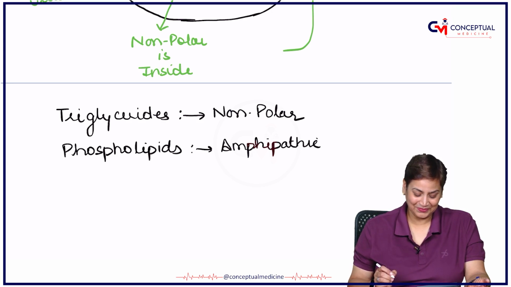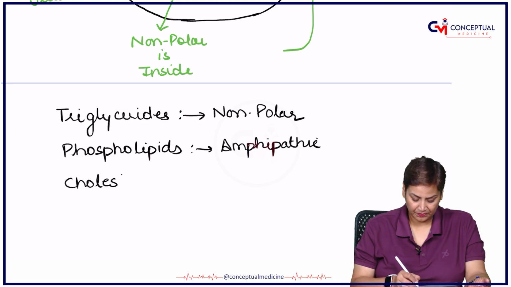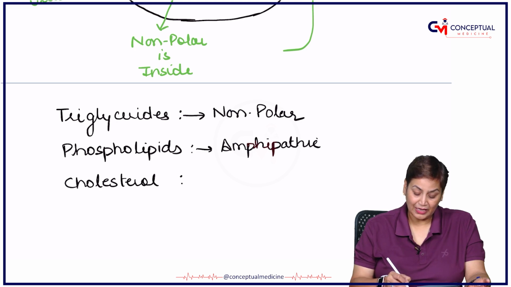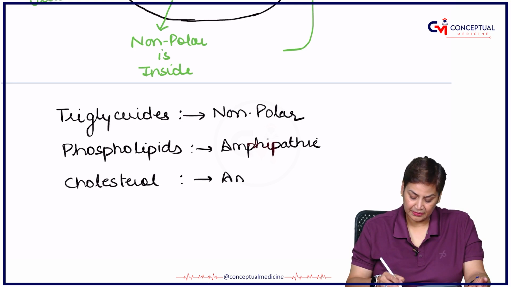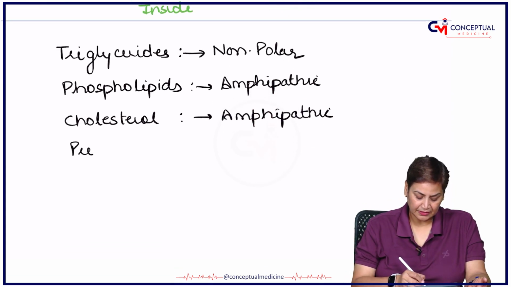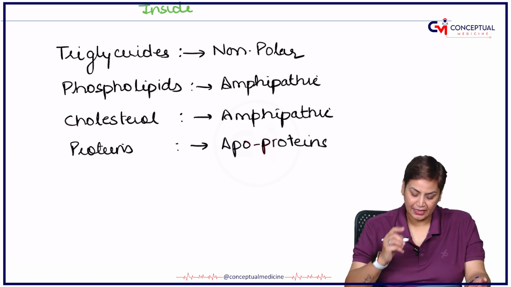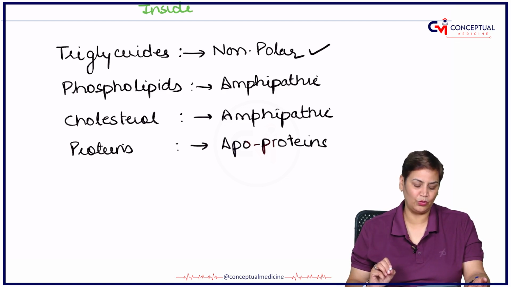And if we talk about cholesterol, cholesterol is also amphipathic. And if we talk about the proteins, the protein here will be known as apoproteins. And this is very important. So the main thing is that triglycerides are always non-polar. Phospholipids and cholesterol are amphipathic.